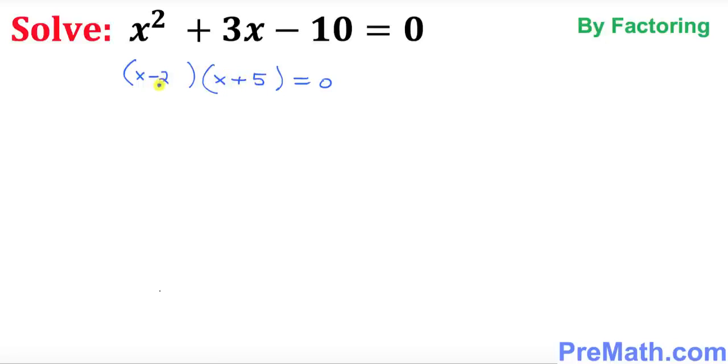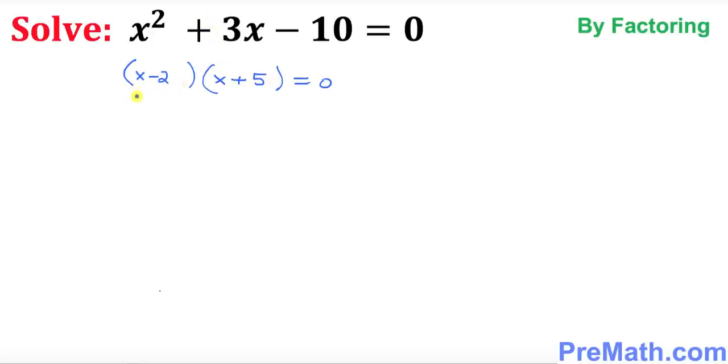So how do you know that? These numbers, negative 2 and positive 5, if you multiply them, give you the last number, negative 10, and if you add these two numbers, you get positive 3, the middle number.